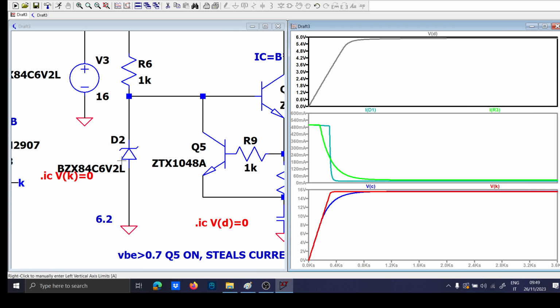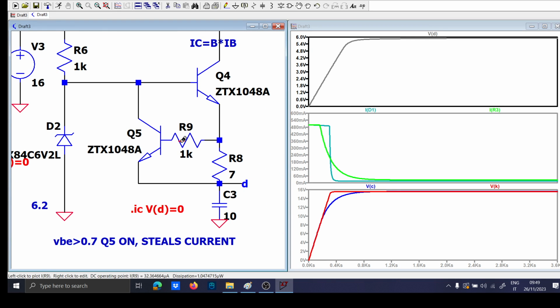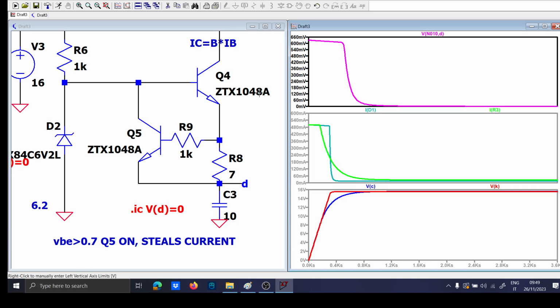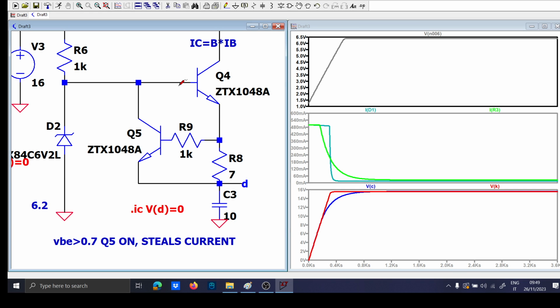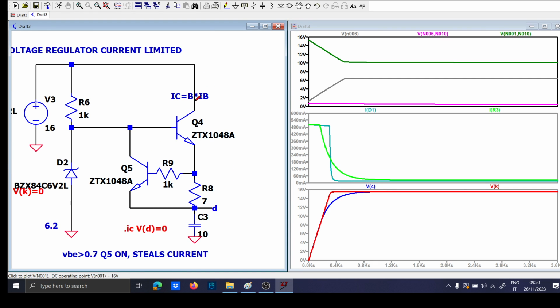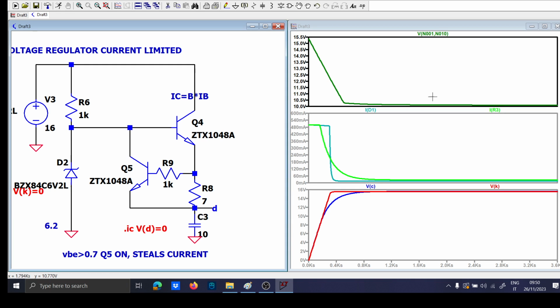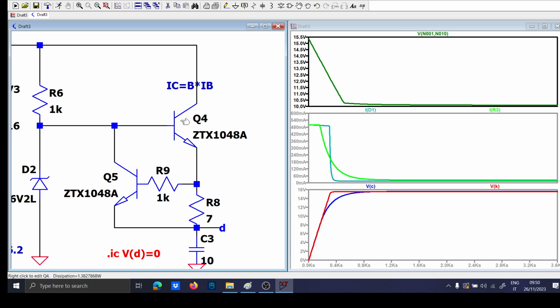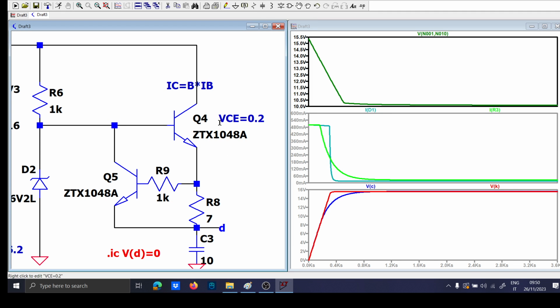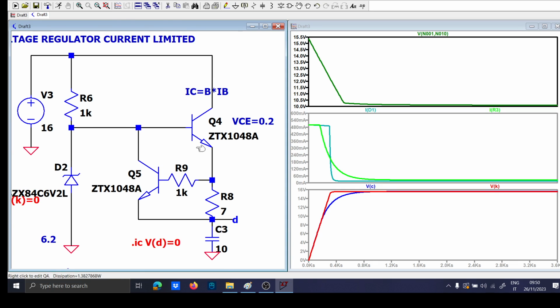Again, I'm losing some voltage. Ah, yes, because there is the drop of this guy here. No, sorry, I said something not correct. The reason why I'm losing the voltage is the VCE of these. Yes, because the transistor here has a VCE of 0.2, and this is the reason I'm losing some voltage.